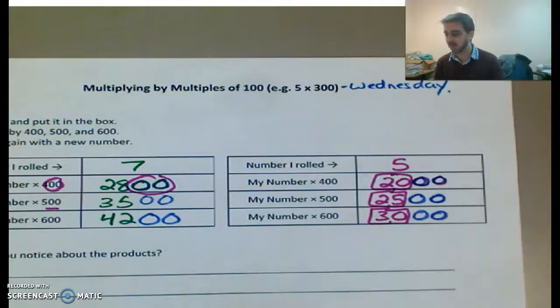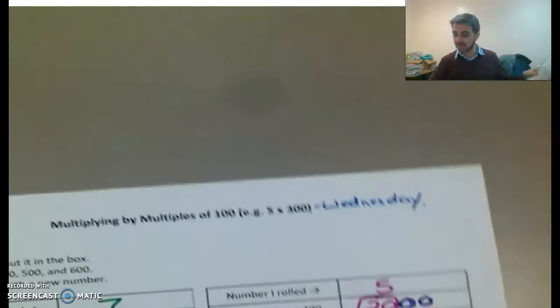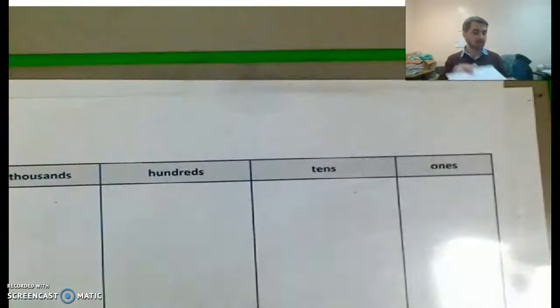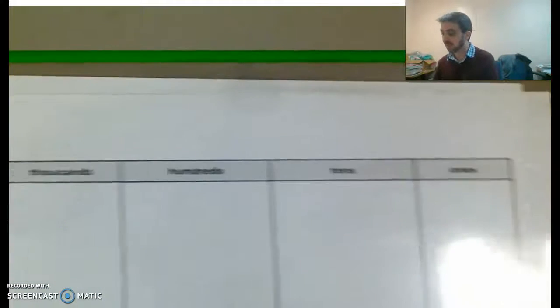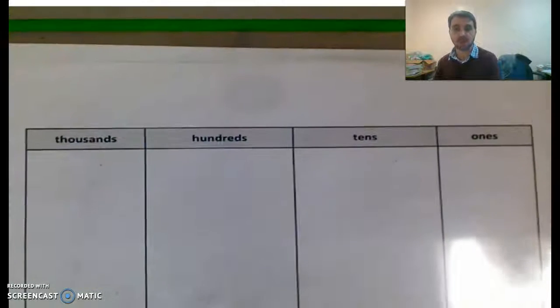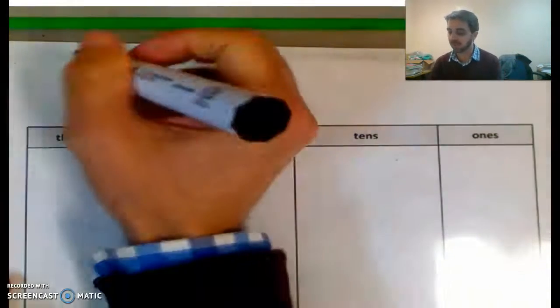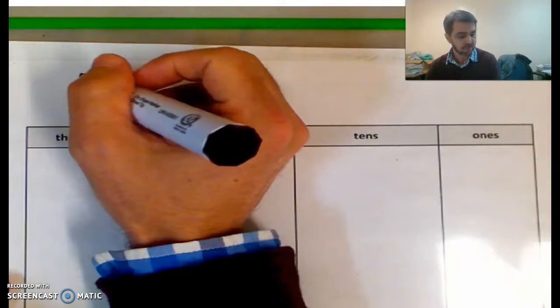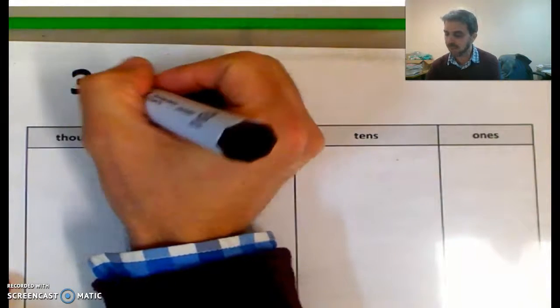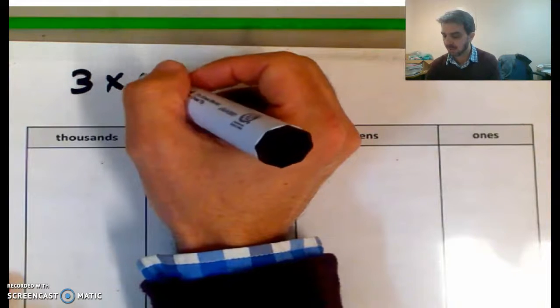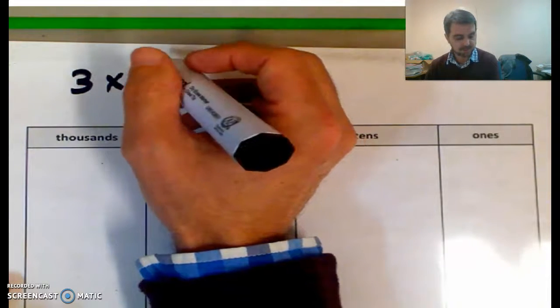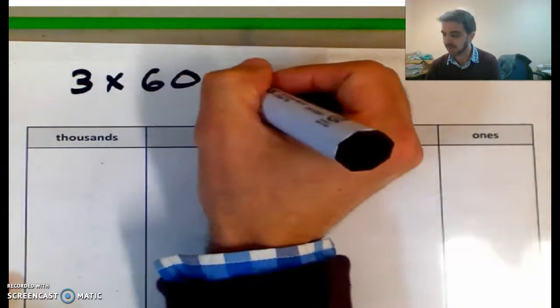So let's take a look at what this means on a place value chart, because we're going to be doing some of both today again, like we did yesterday. So if we have, for example, 3 times 600.